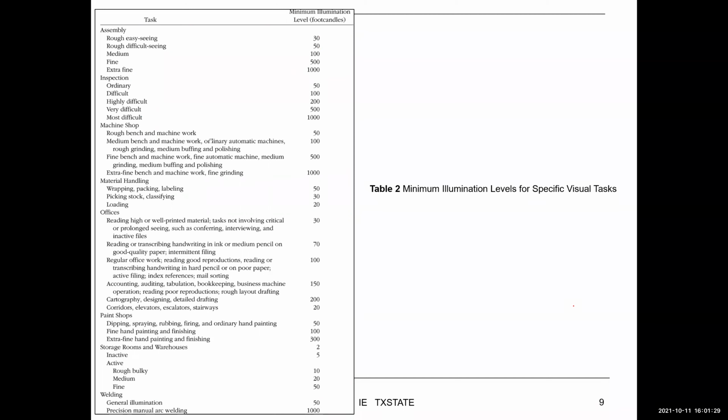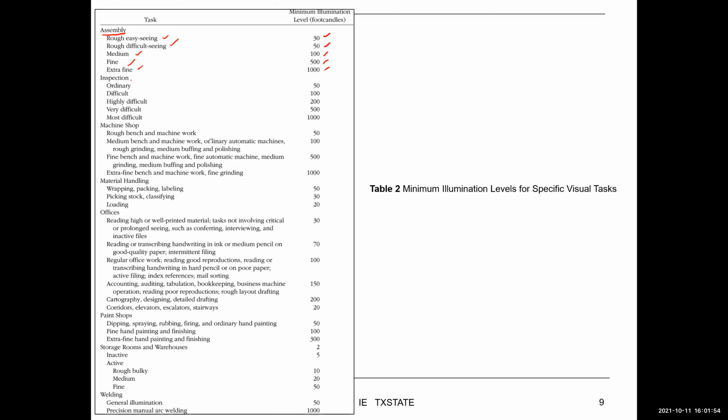For example, for assembly operations, it could be rough easy seeing, rough difficult seeing, medium, fine, extra fine. Depending on those different levels of activities, you can determine the level of illumination that is needed.